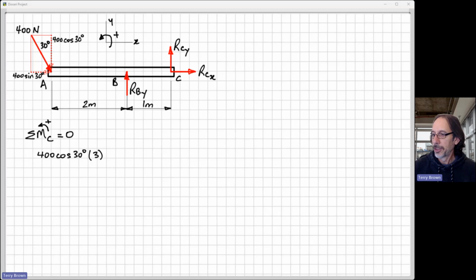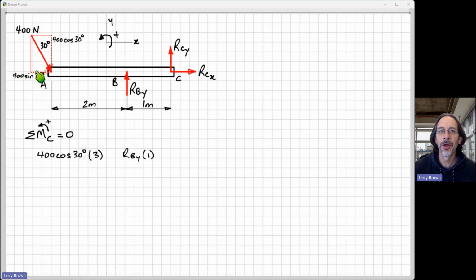All right, let's go to the next one. Okay, so I've jumped across straight away to RBY here. Why have I ignored the 400 sin 30 over here? That's because we need to remember that when we talk about the moment of a force, it's the force times the perpendicular distance from the point that we're taking moments about to the line of action of the force.